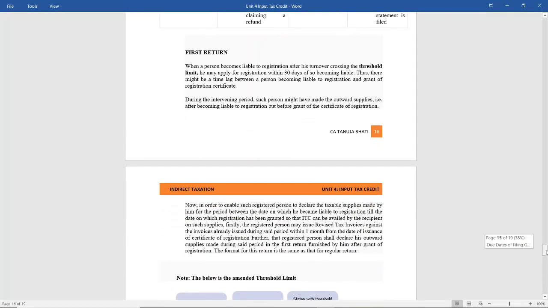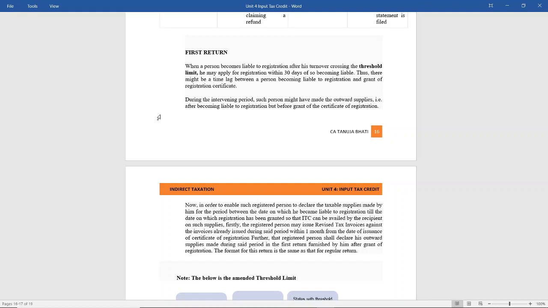Now what is the first return? A person becomes liable for registration once he crosses the threshold limit. Suppose he has crossed the threshold limit today, and today he is applying for registration within 30 days of becoming liable.